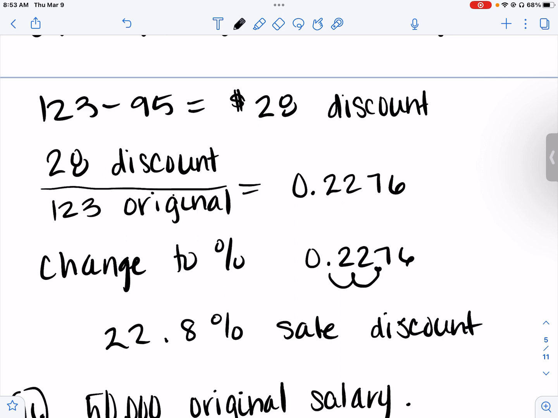That $28 discount out of the original $123. 28 divided by 123 is 0.2276. Change to a percent. So move it 2 places to the right. And we get 22.76. So that 7's going to round up because of the 6. So it's 22.8%.